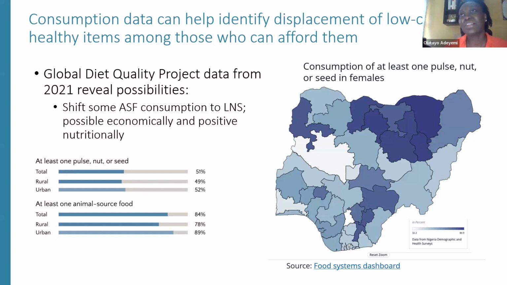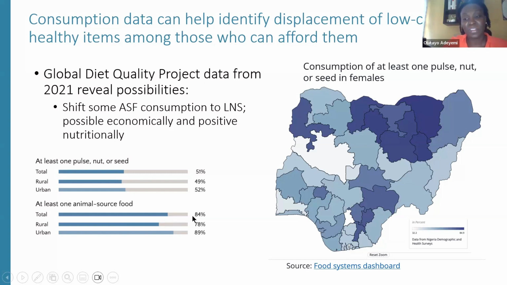And what it means is that rather than consuming least cost healthy diets, people are consuming their preferred diets that are not necessarily healthy, but are more expensive. And so looking at the Global Diet Quality Project data that shows consumption of animal source foods and legumes, nuts, and seeds, we see that legumes, nuts, and seeds are inadequately consumed, but animal source food is a lot more consumed.